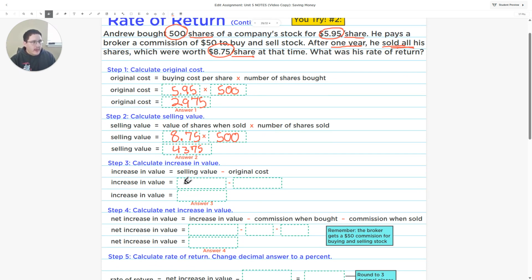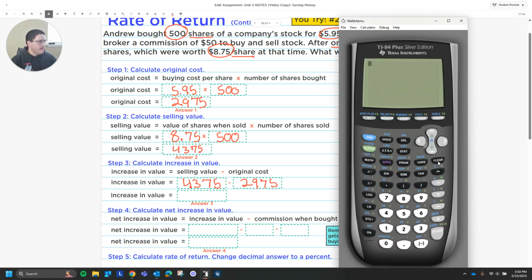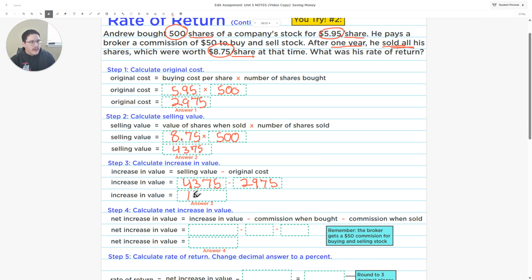So $43.75 minus $29.75, which I believe should be about $1,400. Let's see. So $43.75 minus $29.75. Yep, $1,400. So $1,400 is the increase in value.